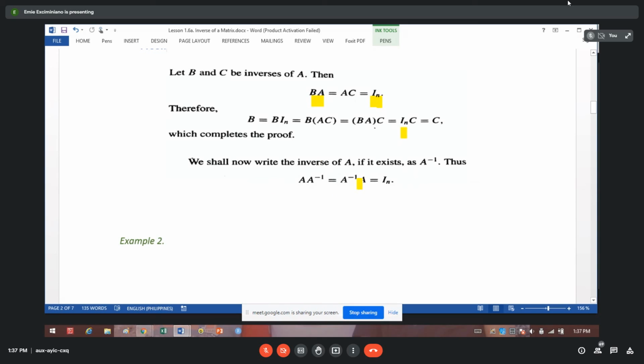Pwede rin by commutativity law. A inverse times A, you'll get the identity matrix whose size is n by n.